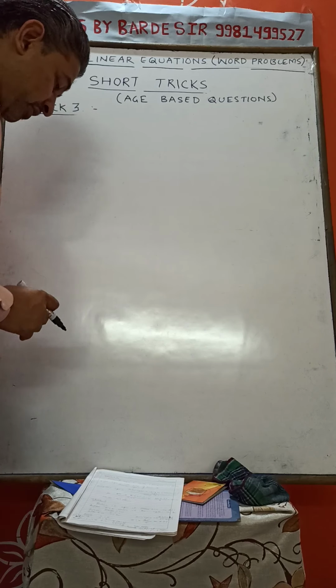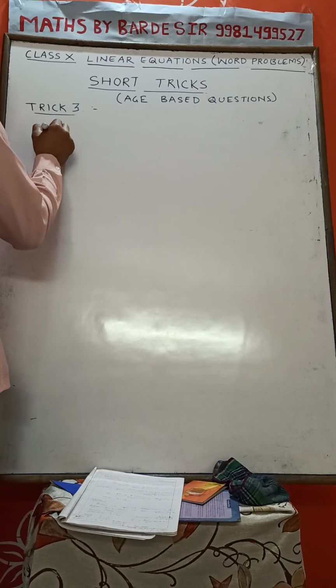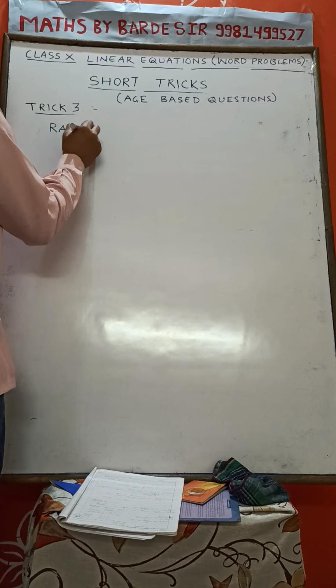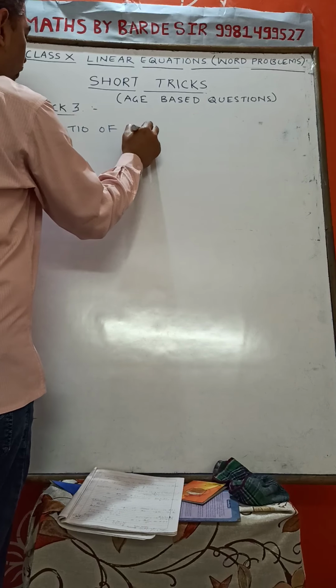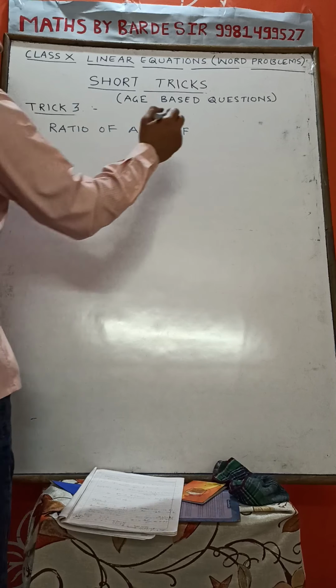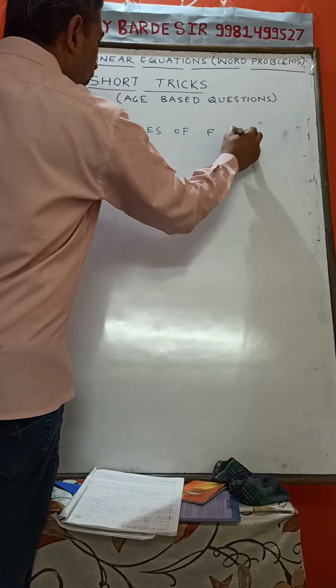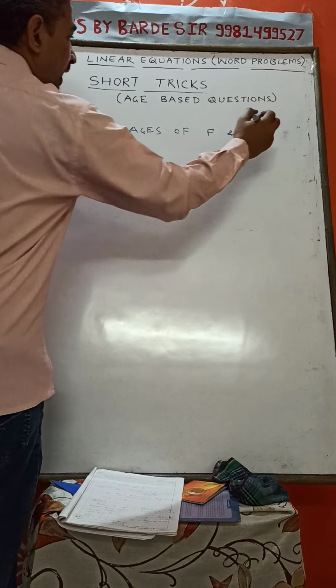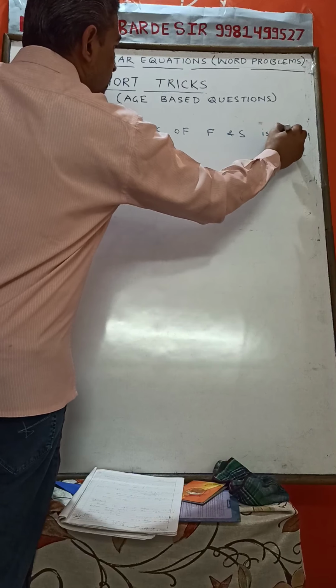One more trick. Ratio of ages of father and son is 6:1.